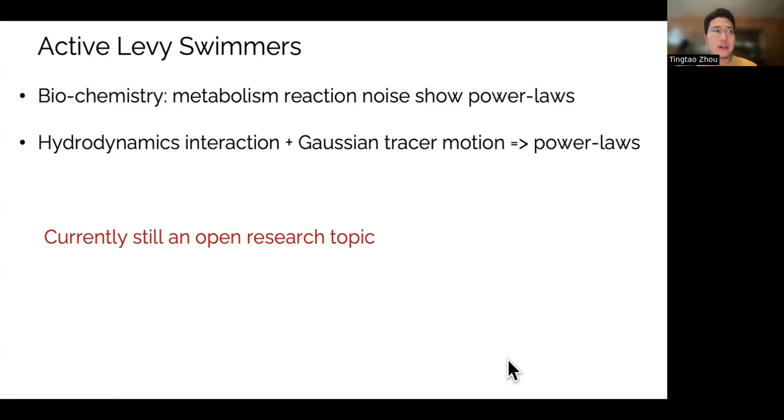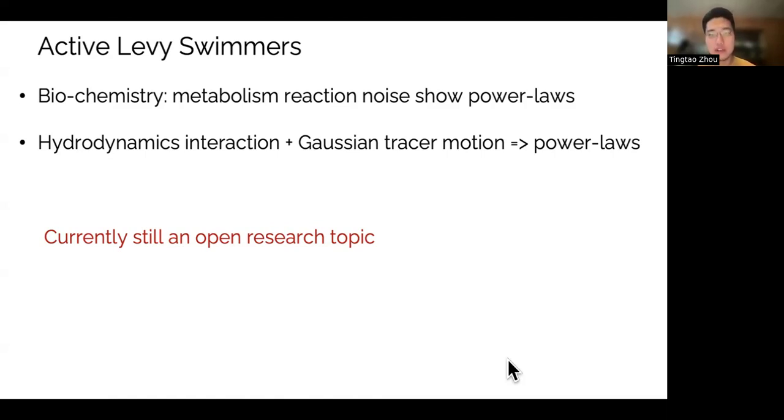And also, it could come from the environment, the fluid mechanics, right? And recently, people have also considered, from simulation and theory, the hydrodynamic interaction in these low Reynolds number flows, because the hydrodynamics here is long-range correlated, as the Green's function decays algebraically.